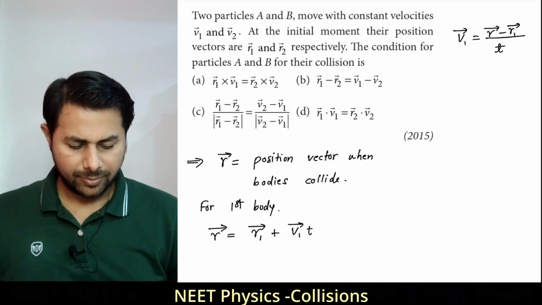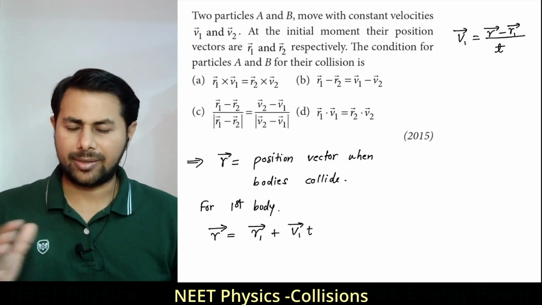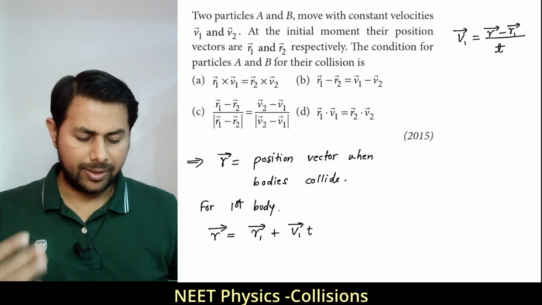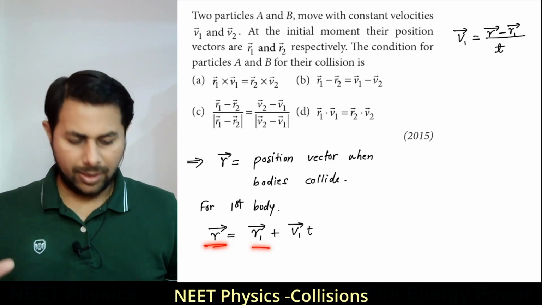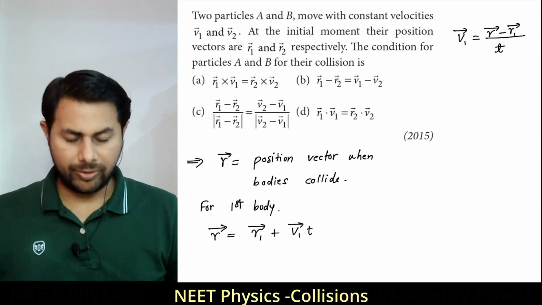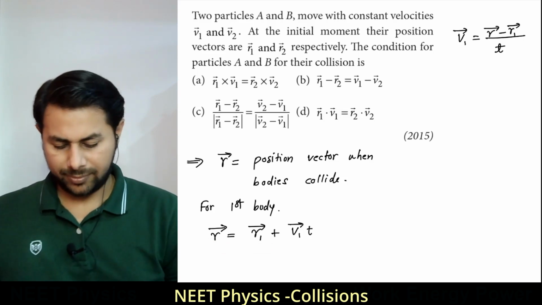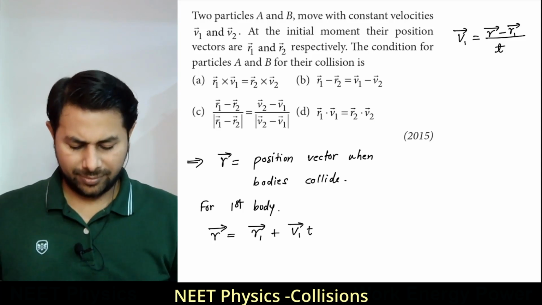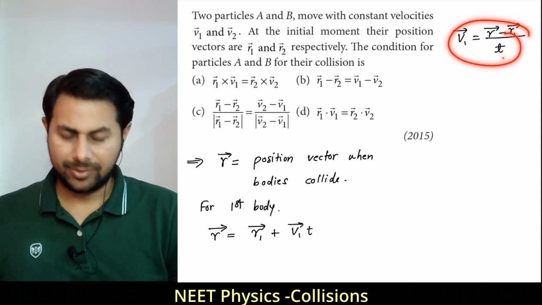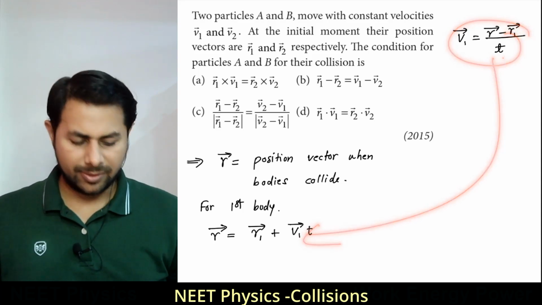So v1 times t is r bar minus r1 bar, right? And therefore I can say that r bar is equal to r1 bar plus v1 bar into t, right? So we can write this equation.